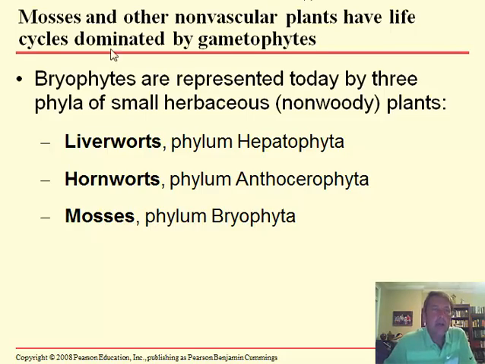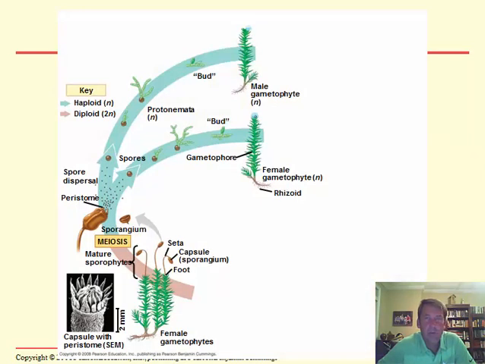Now, in the bryophytes, we can say that all of the bryophytes have large gametophytes, and the sporophytes are a smaller and a shorter portion of their life cycle. And we can look at a life cycle of one here. We'll start.